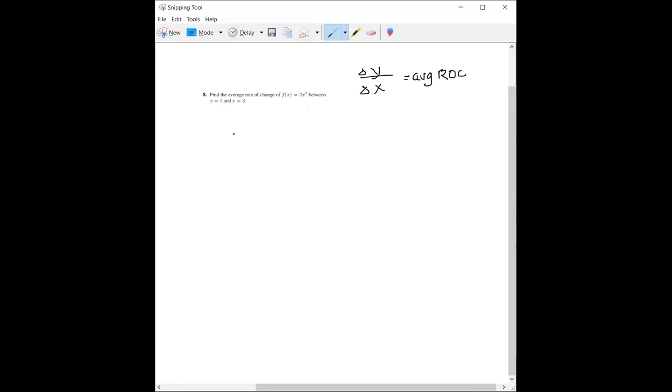So our change in y is going to be f of 3 minus f of 1, over 3 minus 1. Does that make sense? Any questions about how I got that?